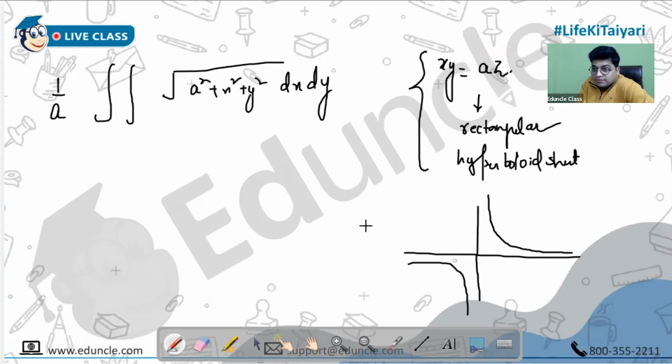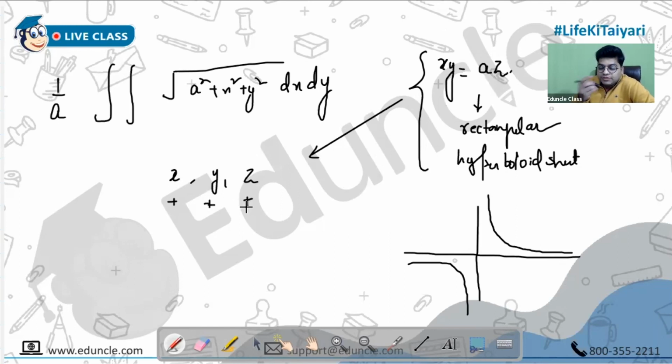Is it symmetrical? See, when you take both positive, then z is positive. Just understand my point. How are you going to form the rectangular hyperbolic sheet? Actually, we have to multiply by 2, and not 2. We have to understand. So the point is, number one, when you take x and y and z, x is positive, y is positive, then z must be positive.